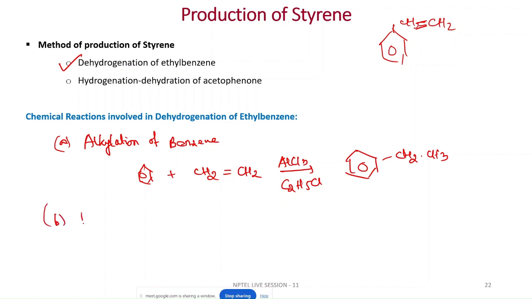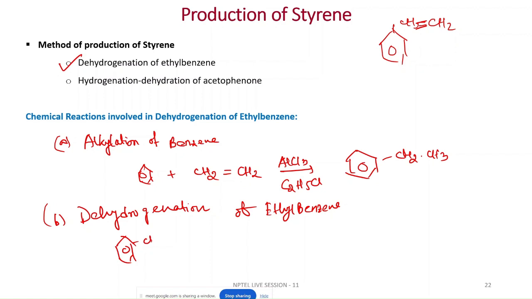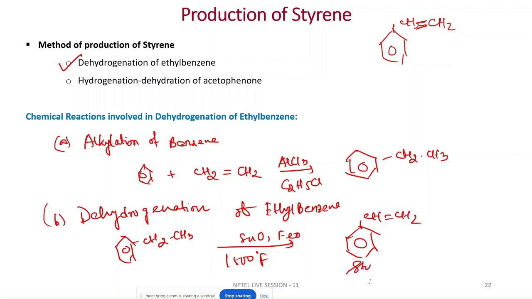The next part is the dehydrogenation of ethylbenzene. This ethylbenzene reacts in the presence of a catalyst at a temperature of 1500 degrees Fahrenheit, and it forms styrene, which I already discussed, and also hydrogen.